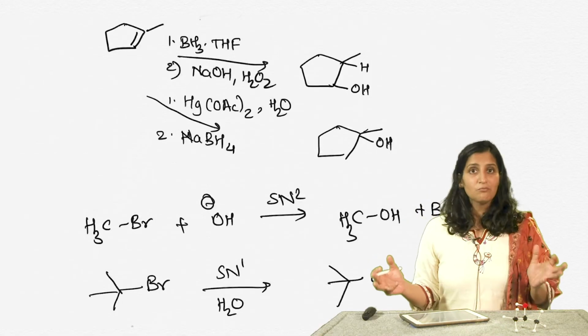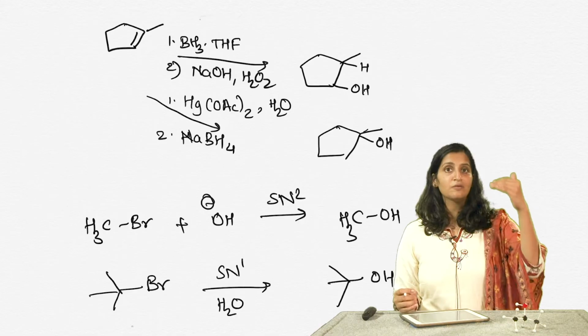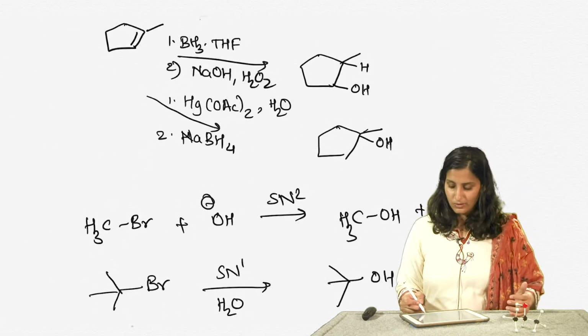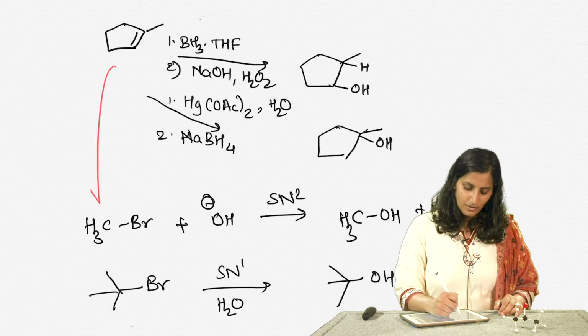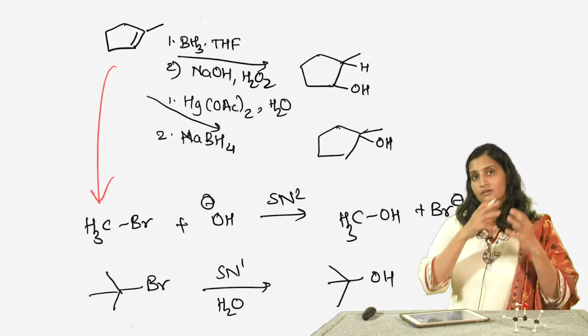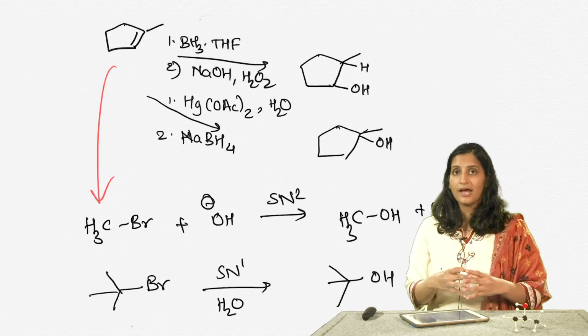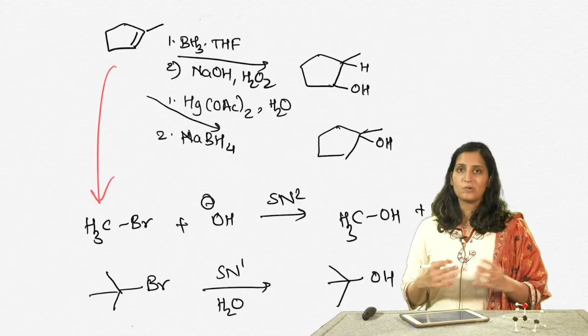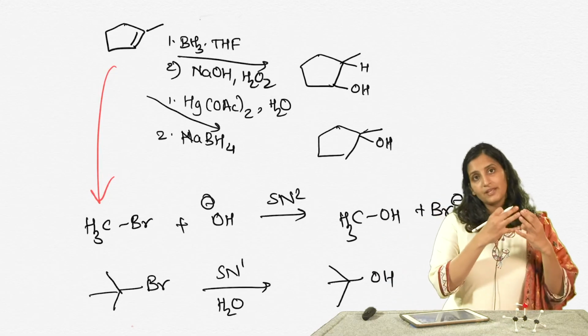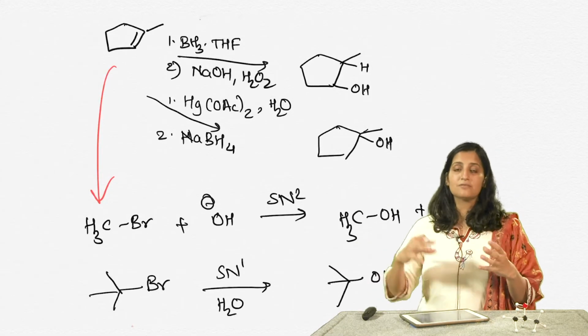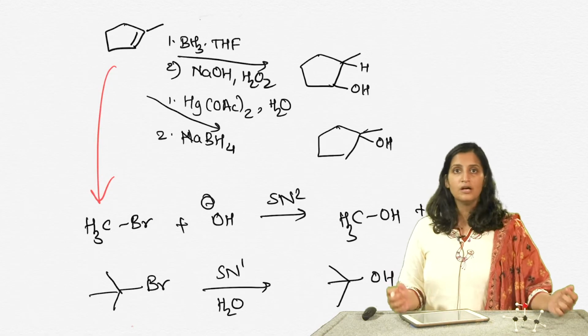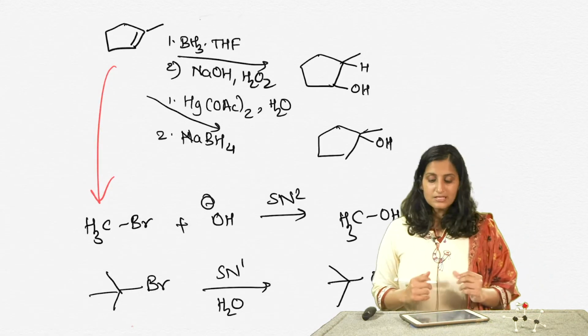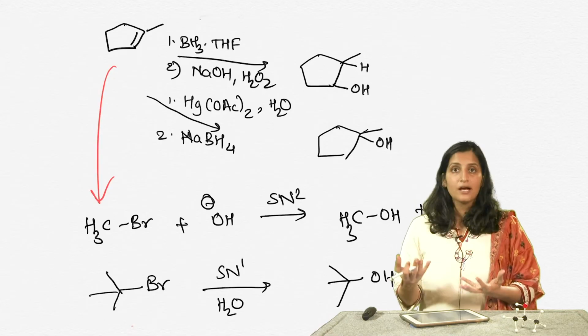Now, you may also remember the reactions which we have seen to convert alkenes to alkyl halides. I am not covering these, but you may want to think of how to convert the functional group of alkenes to alkyl halides and then alkyl halides to alcohols. This is how chemists think of synthetic schemes to go from one functional group to another. Anyway, these are the reactions we have seen to make alcohols.